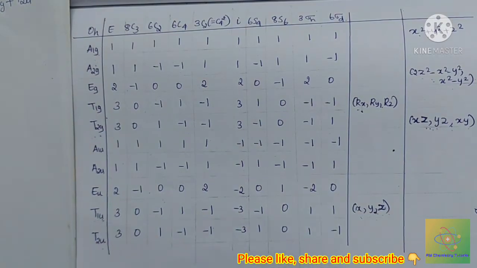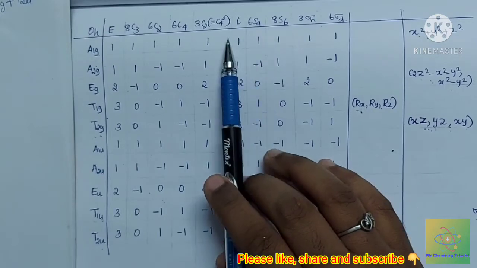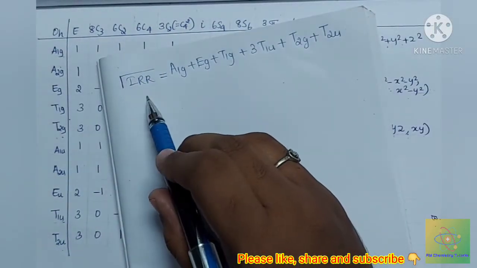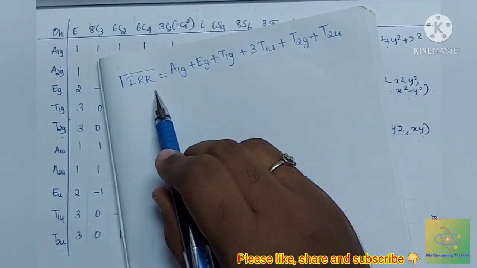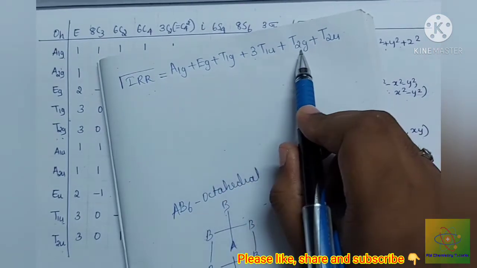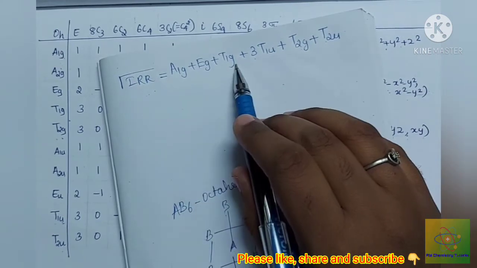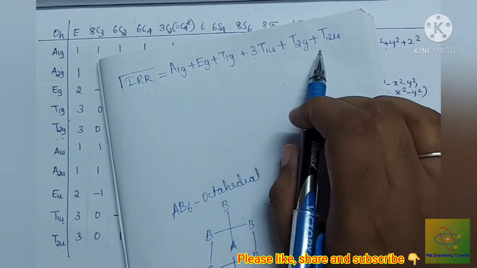And also we have a lot of symmetry operations: identity, C3, C2, C4, S4, S6, inversion, sigma H and sigma D. So first we will find out the irreducible representations, and on simplification, we will get the total irreducible representation, that is the total number of motions, as A1G plus EG plus 1 T1G, 3 T1U, 1 T2G and 1 T2U. In this, there will be translational, rotational and vibrational modes of motion.